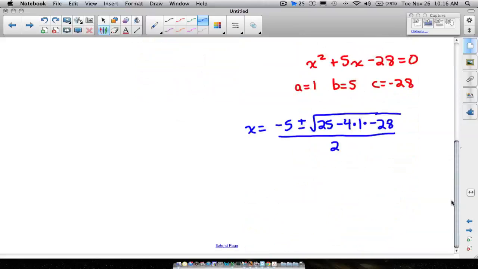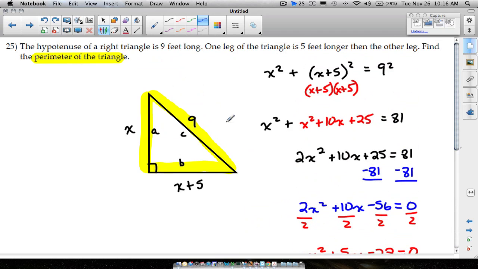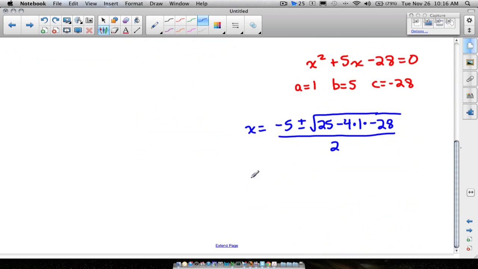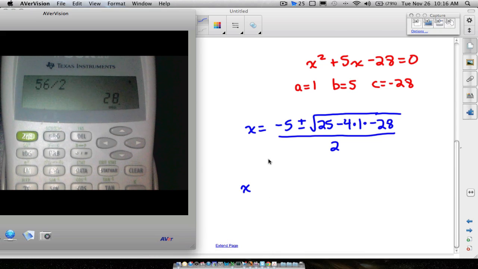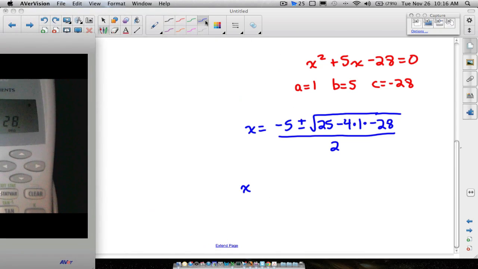I tell you what I'm going to do, since I'm making this video, I'm going to say we can round this answer because it's going to sound nice to say the perimeter is going to be 30.2 feet versus having a radical around here. So we'll go ahead and round this answer. Oh, okay, actually, I'll tell you what, we'll do an exact answer and we'll do a rounded answer. That way we can make both sides of the family happy.